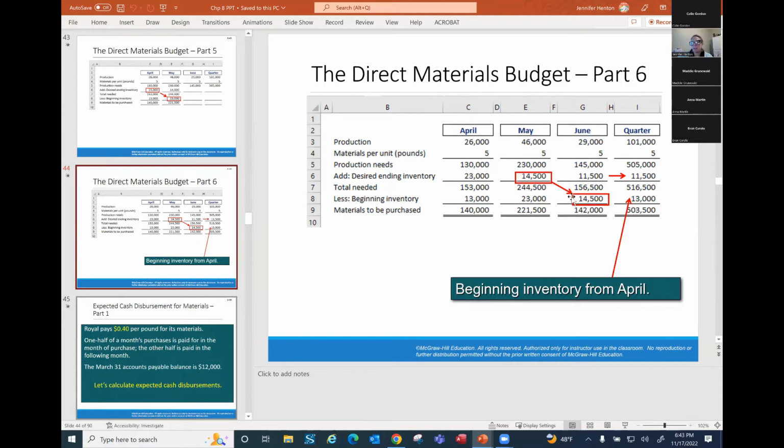But they may have given it to us way back on that first slide. All right, so remember the 11.5 is going to be some calculation that came from the pounds that we needed for July multiplied by 10%. That's where that came from. 14.5 is moving over here to the beginning, so I can deduct it. So it's 142,000. Okay, and then this is my quarter totals.